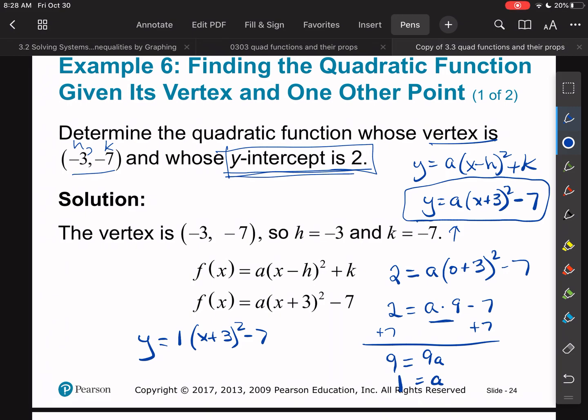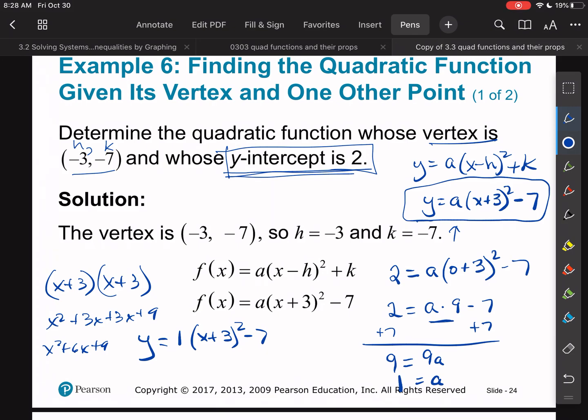Okay, if they wanted us to write that in the other form, I can just simplify it now. Just remember that (x plus 3) squared is the same as (x plus 3) times (x plus 3), which is x squared plus 3x plus 3x plus 9, or x squared plus 6x plus 9. And then you have to subtract 7 from that.